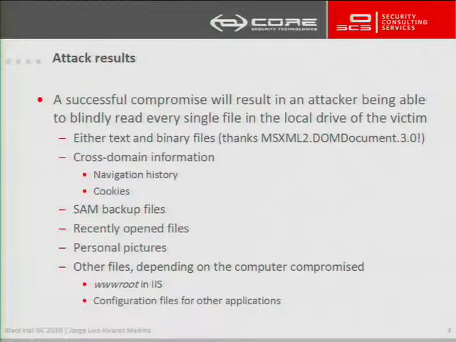Files that the user has been working with recently, personal pictures, and other files depending on the function of the machine that is being compromised. If this machine is an IIS server, you can try to access files inside the web root folder, or configuration files depending on which applications the computer has installed.